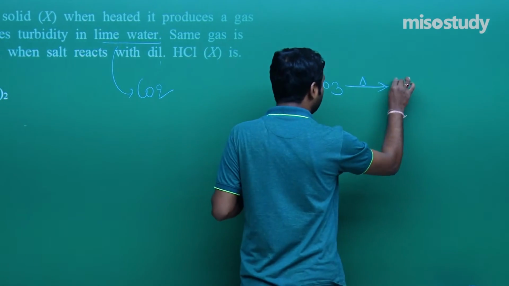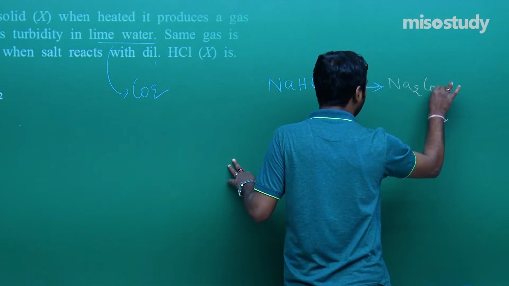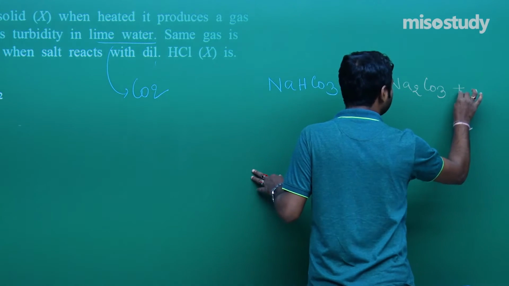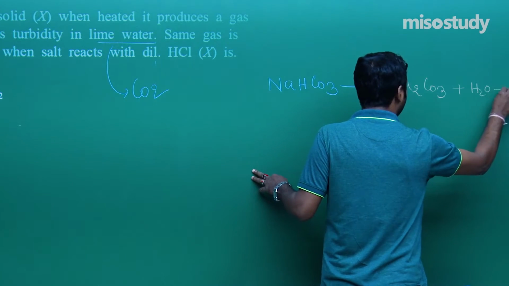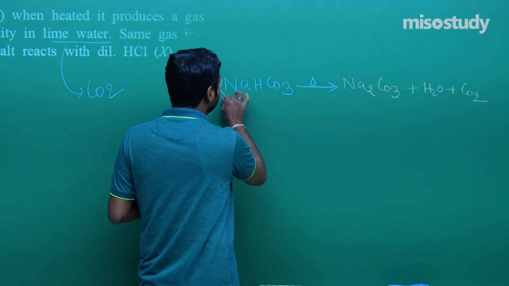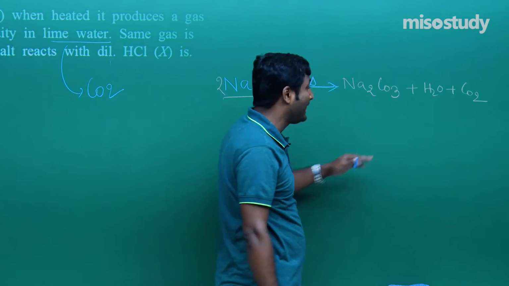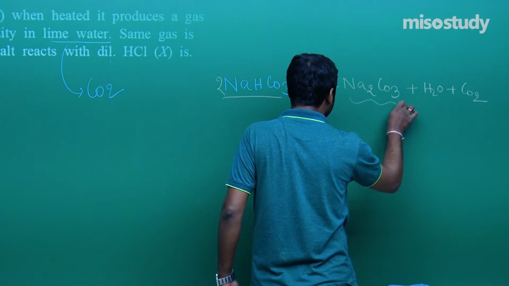Sir, it will give you Na2CO3 plus H2O plus CO2. Yes sir, the bicarbonate can be converted to carbonate. Do you remember this?